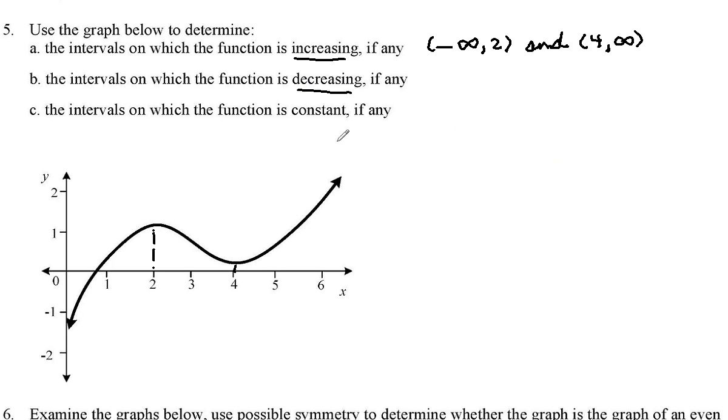Decreasing is down left to right, and it looks like it's going down left to right between 2 and 4. So that would be the interval from 2 to 4. Intervals on which the function's constant. So constant means horizontal. There aren't any intervals here where it's horizontal, because it increases, decreases, and then increases again.